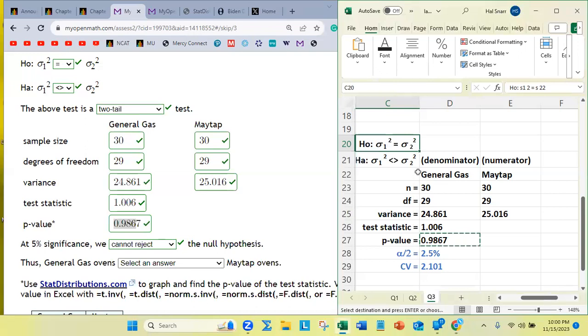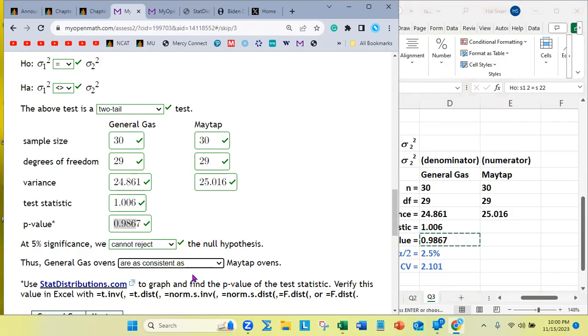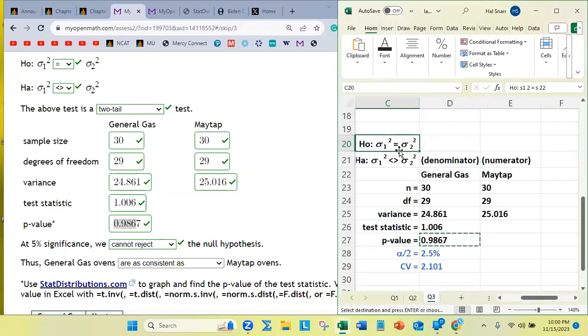So what does that mean? Well, we can't accept this. We can't say that the variances are equal. If we say the variances are equal, we're saying General Gas ovens are as consistent as Maytag ovens. We can't say that because we can't conclude this is true. If we conclude that this is true, we can say that, but all we can say is we cannot reject it, right? And if we reject this, we're saying this is true.